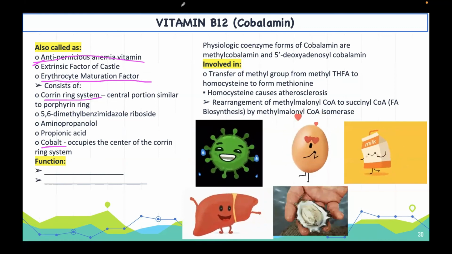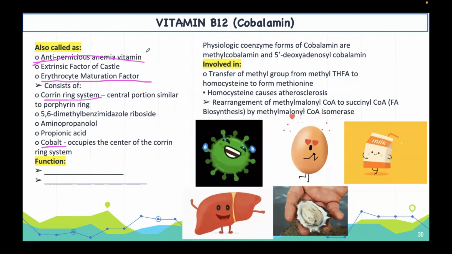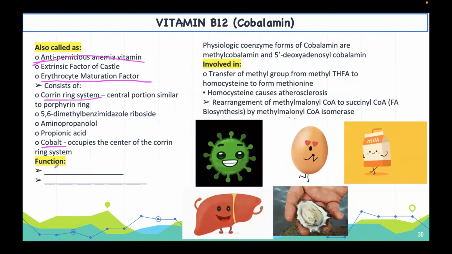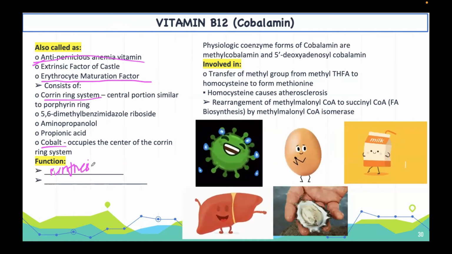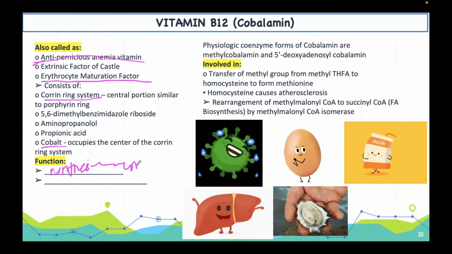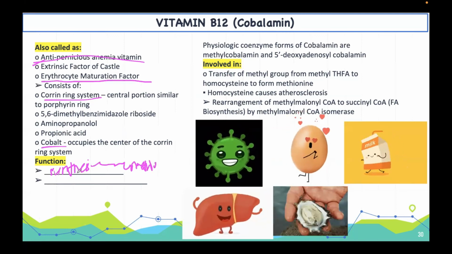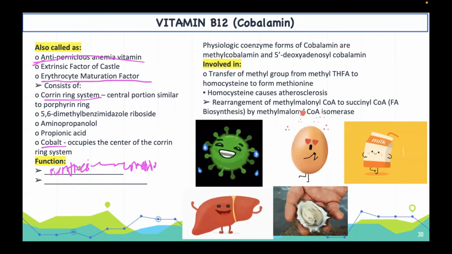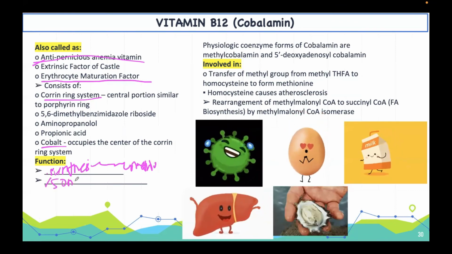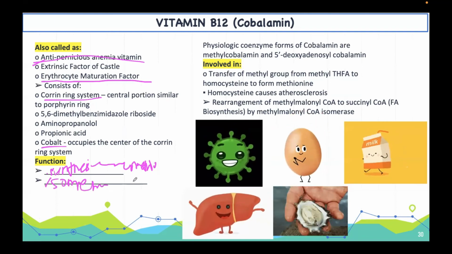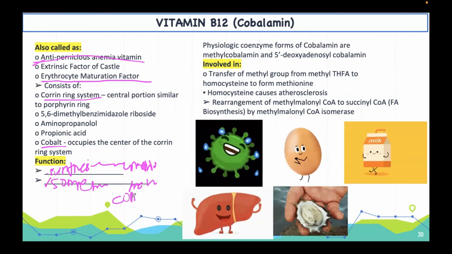So, the main function of your vitamin B12 or your cobalamin is, number one, for the synthesis of methionine. Number two function is for the isomerization of methylmalonyl CoA.